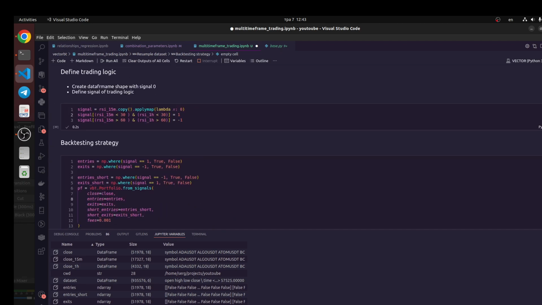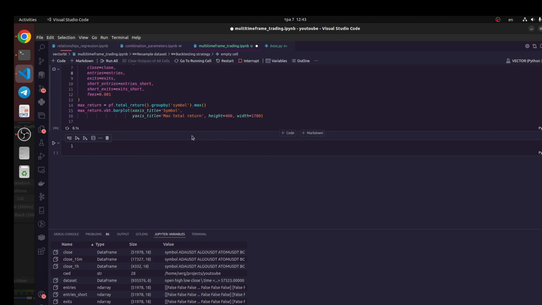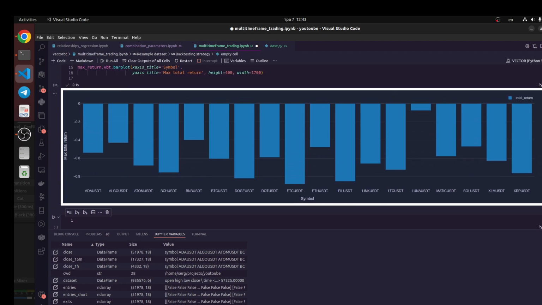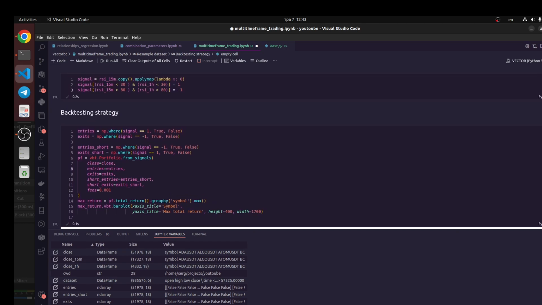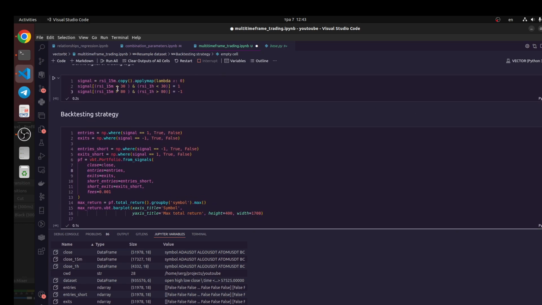Also, we haven't got a profitable trading strategy, but let's do it to find some combination that would be working for us. Okay, also not working. Let's change.